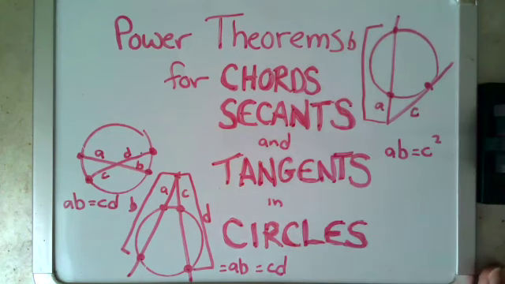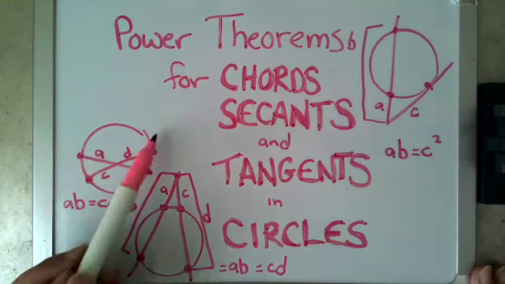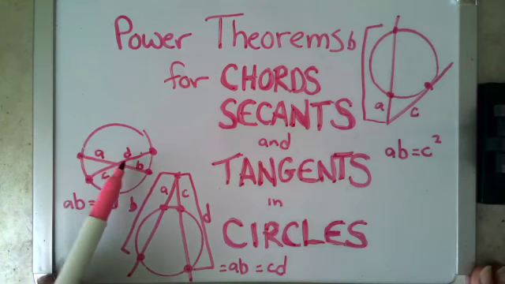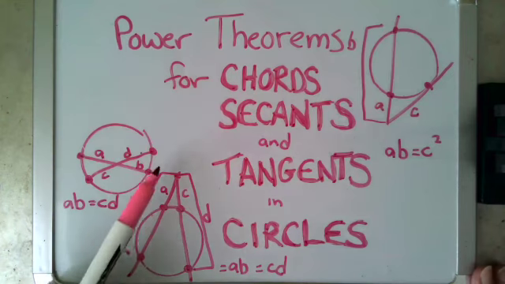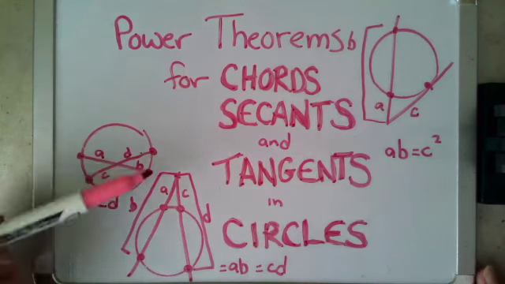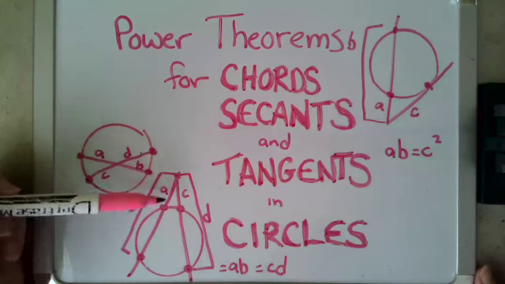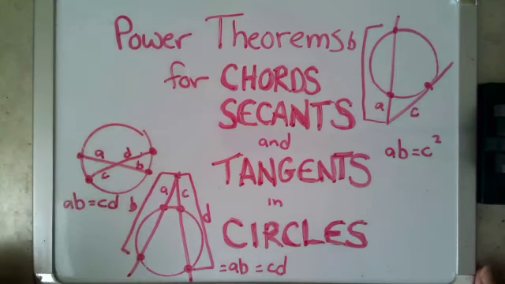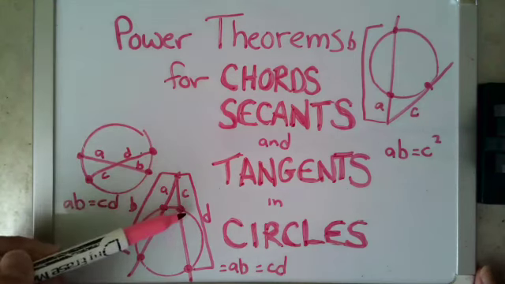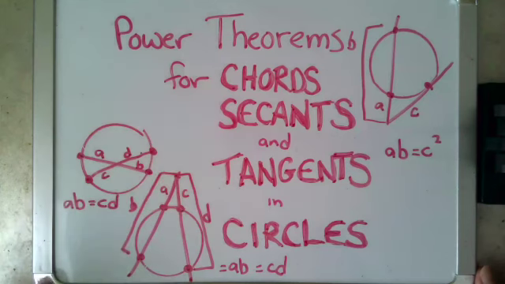Okay, so to quickly reiterate, in two intersecting chords, part times part equals part times part. In two secants originating from the same outside point, the part outside the circle times the entire secant equals the part outside the circle times the entire secant.